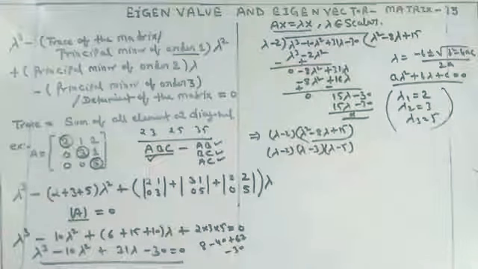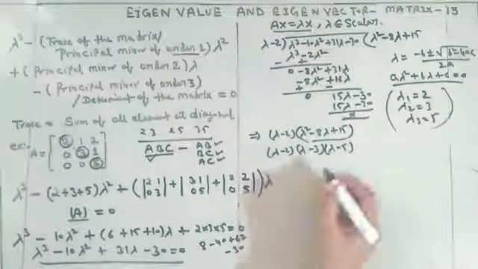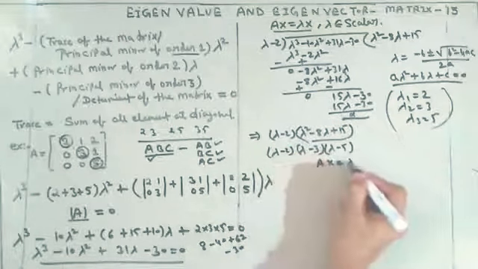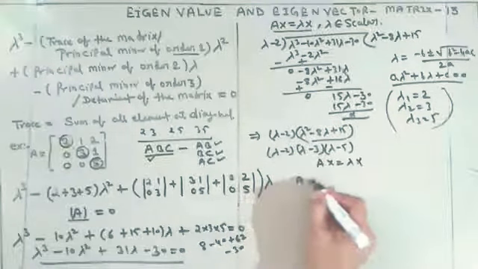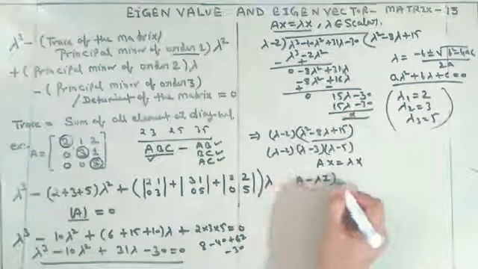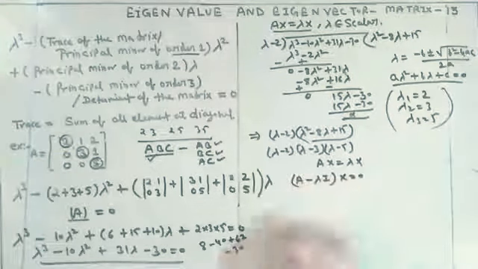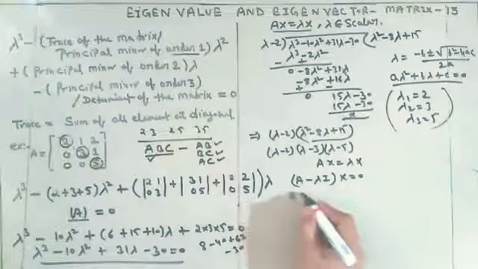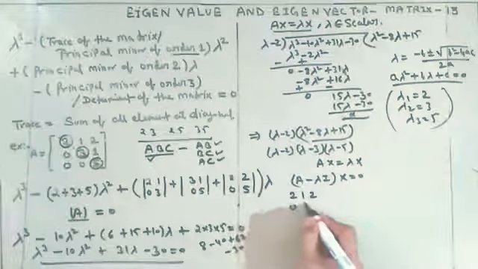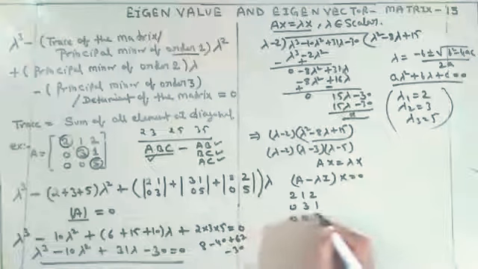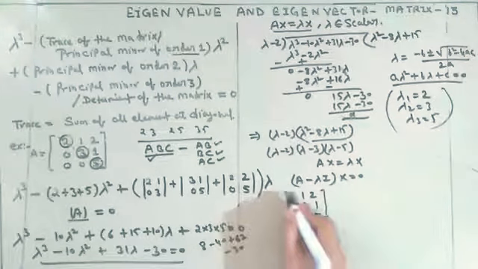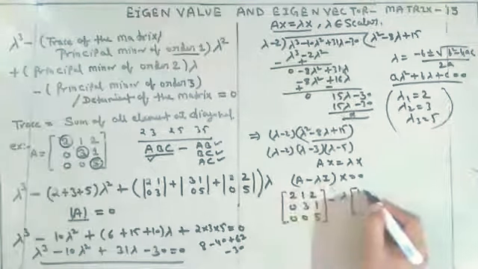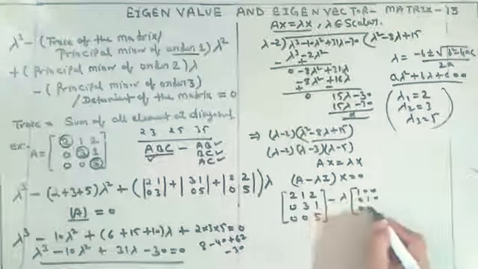Now how to find the eigenvector? This is the formula: A x is equal to lambda x, it will come here. Then (A minus lambda I) x is equal to 0. So you will place this matrix here: 2 1 2 0 3 1 0 0 5, minus lambda times I, which is 1 0 0 0 1 0 0 0 1.